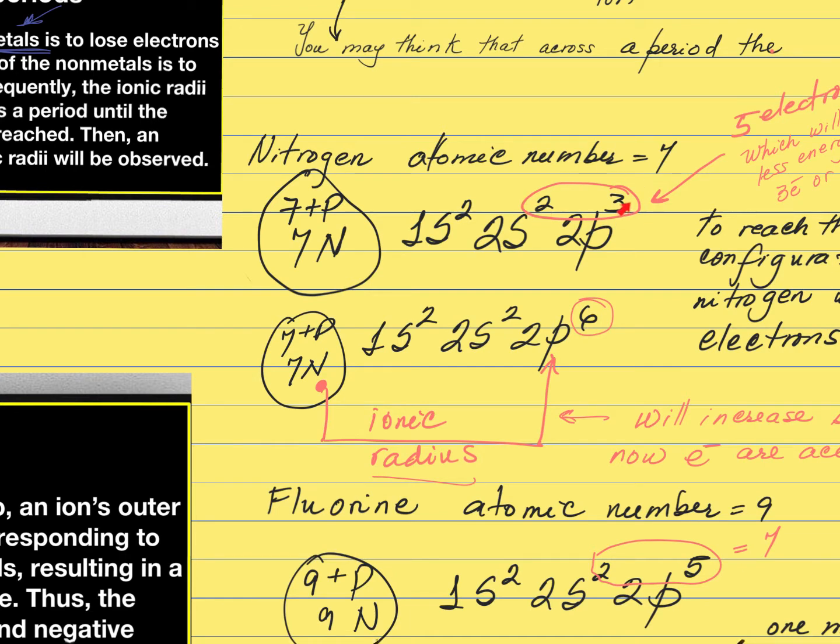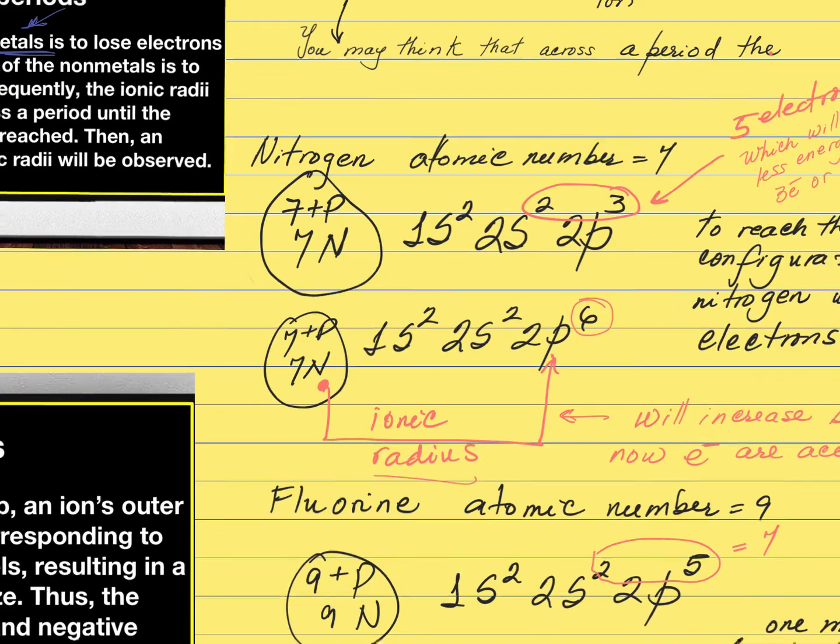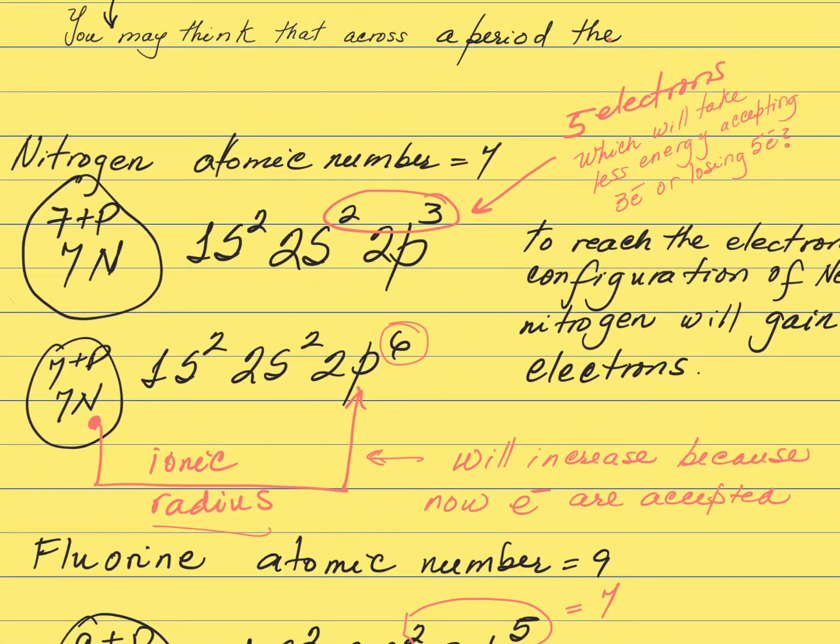Elements need 8 electrons in the last level of energy. One more time, that's how they reach the noble gas configuration. But with nitrogen, when you count the electrons here on the last level of energy, there are 5. You have to ask yourself, which process will take less energy? Accepting 3 or losing 5?